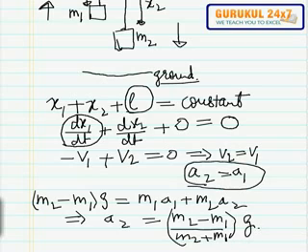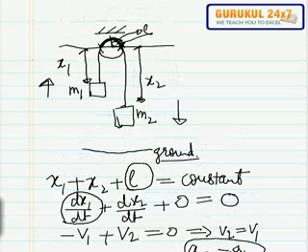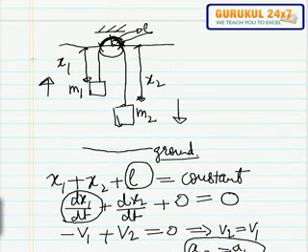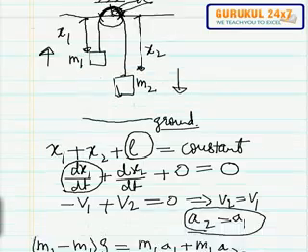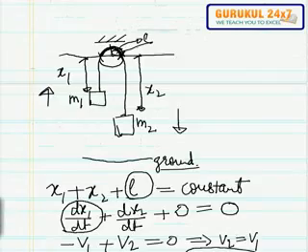This was a very simple problem, and we could have also done it by intuition, that if the first mass goes up, the second mass must come down by the same amount. However, let's try another example.